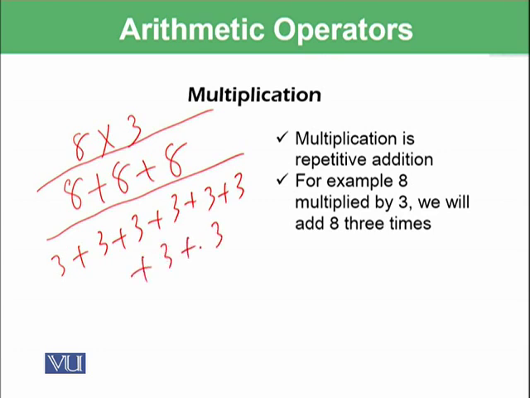So either we add 3 eight times, or we add 8 three times. That would be equivalent to the multiplication of 8 with 3. This means that many CPUs are built which do not actually have multiplication circuitry. They use the addition circuitry to perform the multiplication within the CPU. This could be one way.